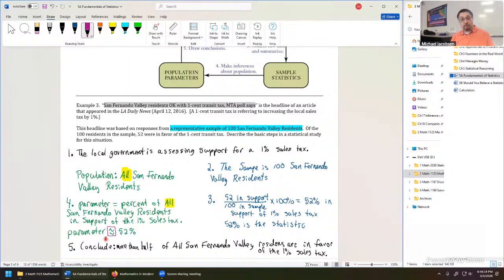The margin of error could be large. The sample is actually not that big in terms of controlling the margin of error. This could be an error in terms of as much as 10%. So the parameter could be as high as 62% in support or as low as 42% in support, well less than half. And so let's put just one quick statement here.